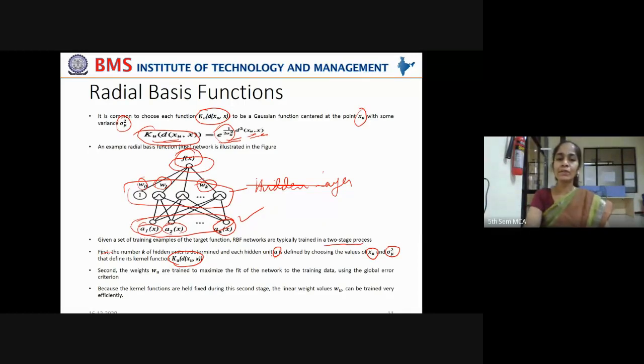Okay, that is used in order to define each of the units in the hidden layer. These are units, first unit, second unit, third unit in the hidden layer.